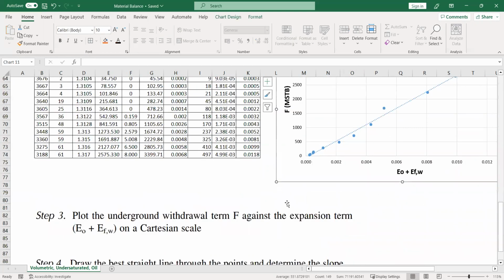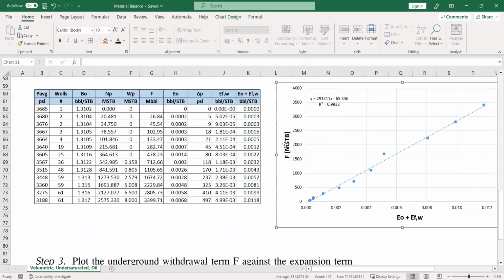We will plot F, the withdrawal, against these expansion terms. And from the slope of the correlation that we have, we will get the original oil in place based on material balance calculation.